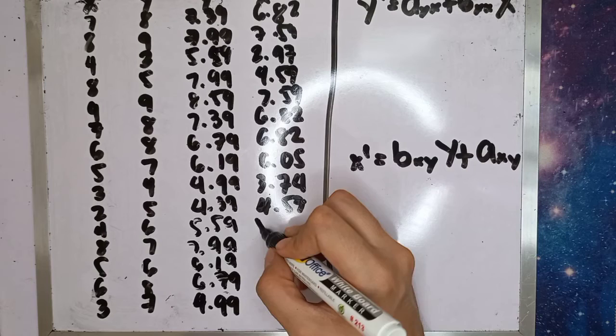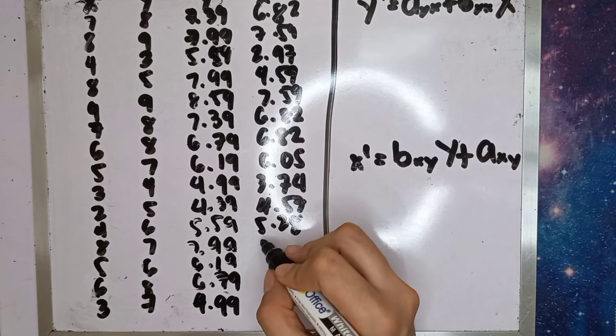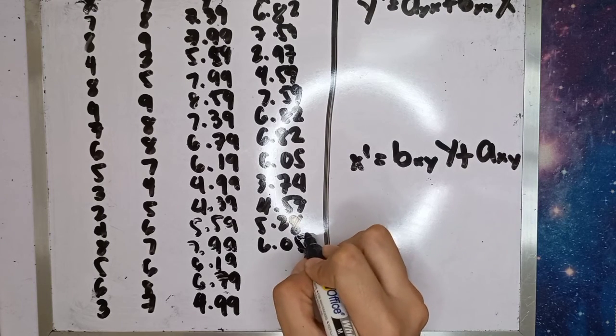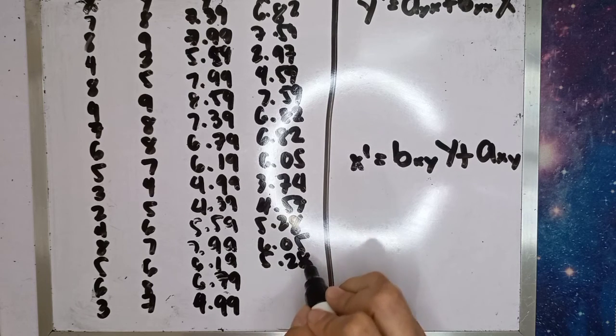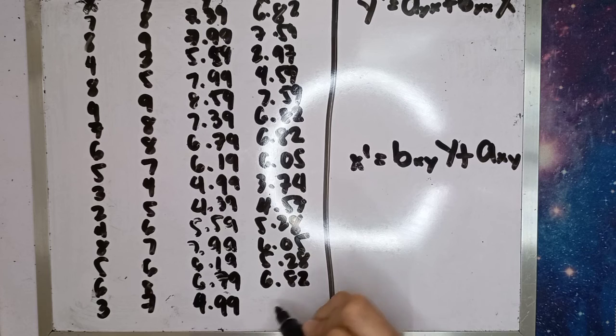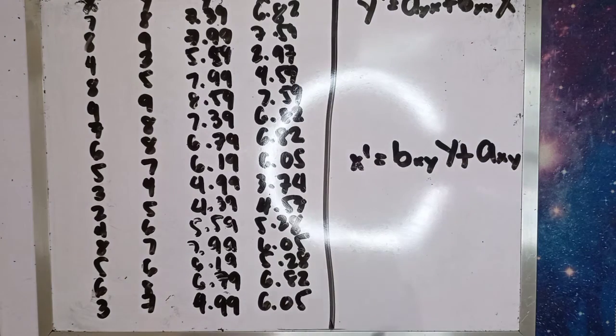Pag 6 ang score, 5.28, 6.05, 5.28, 6.82, and 6.05. So, yan ang lalabas na predictive scores. So, kung mapapansin nyo, hindi siya sobrang sakto, di ba?